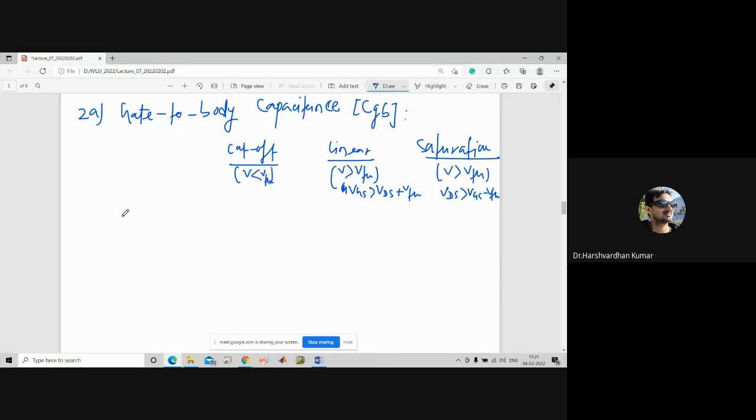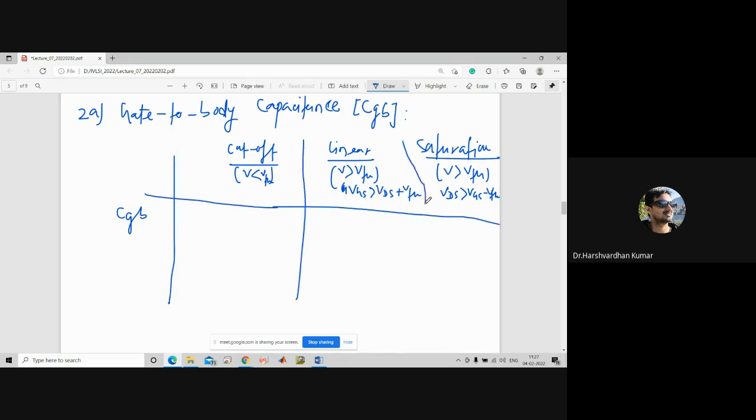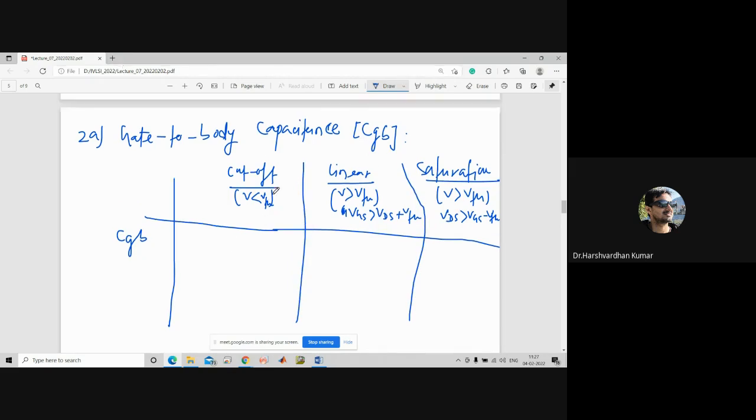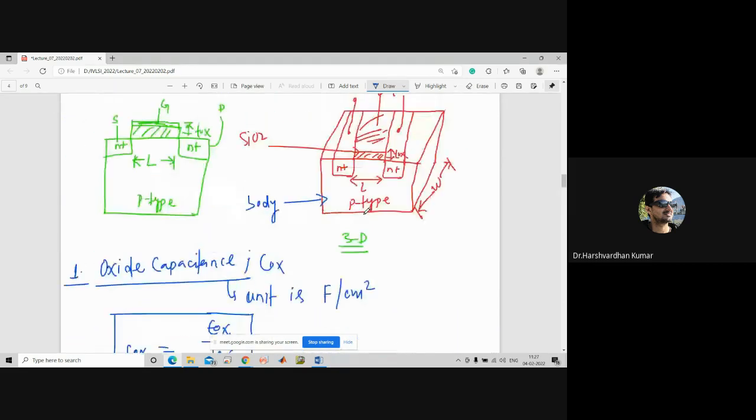Now we are interested in finding gate to body capacitance, and there are three conditions. Under cutoff, VGS is less than VTH. This means there will be holes here, or you can say immobile ions. Which type of ions will be here?